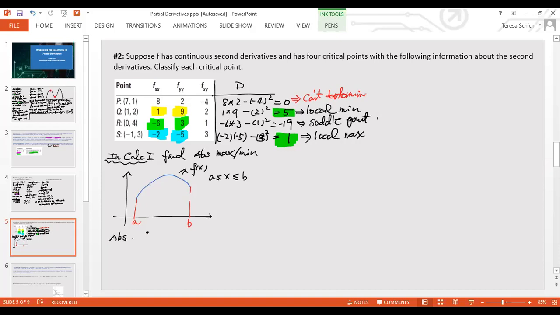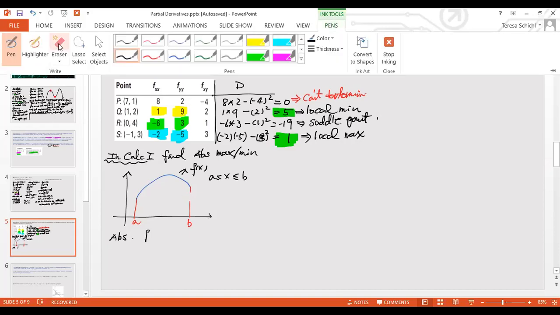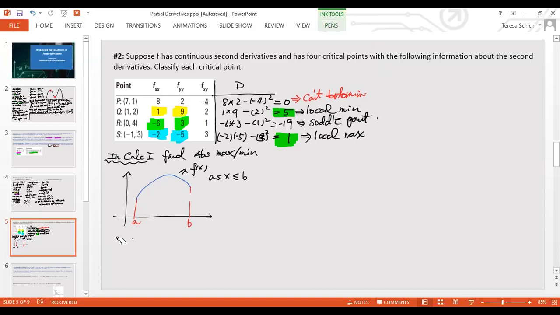So how do I find the absolute max and the absolute min? The first thing is you find the critical values. How do you find the critical value? f prime of x equal to 0, so you use f prime of x to find the critical value.